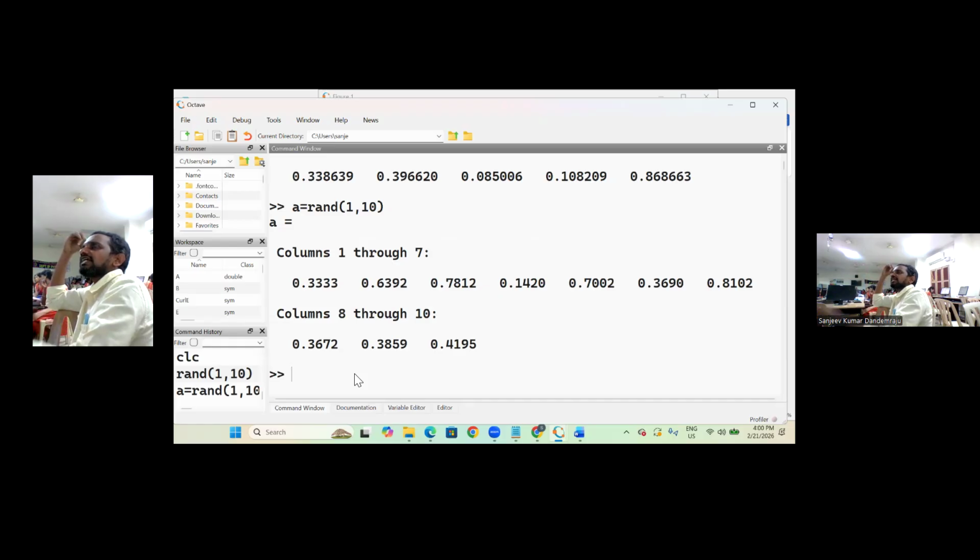So there are 6 heads and 4 tails, right? So 6 numbers are less than 0.5 and 4 numbers are greater than 0.5: 0.6, 0.7, 0.7 and 0.8.